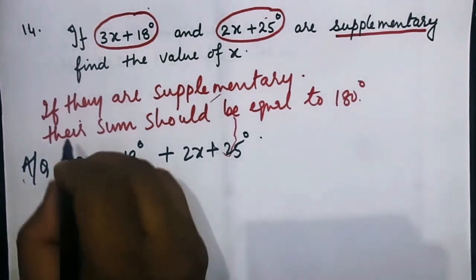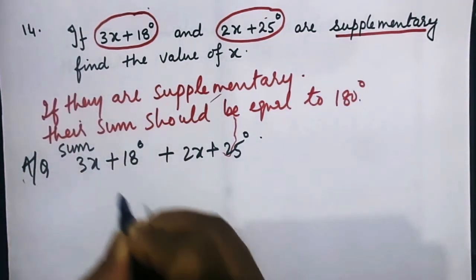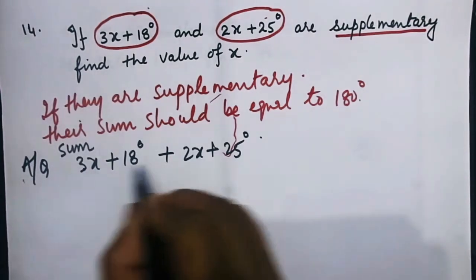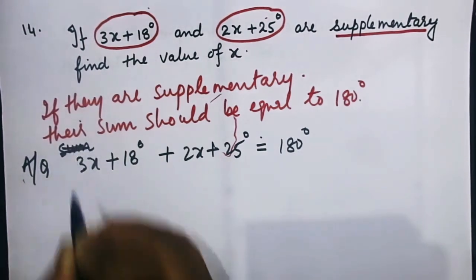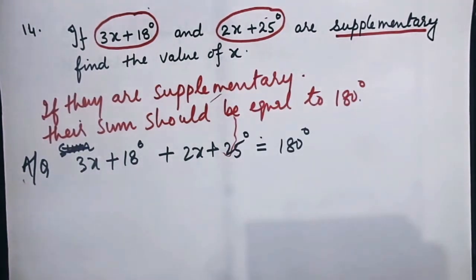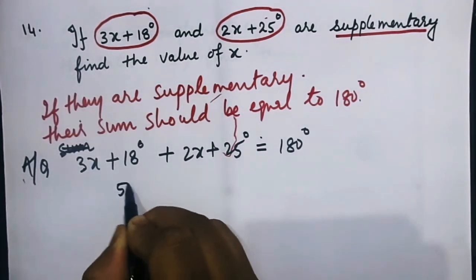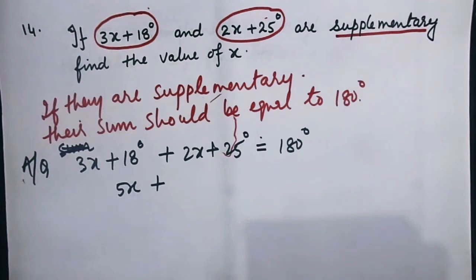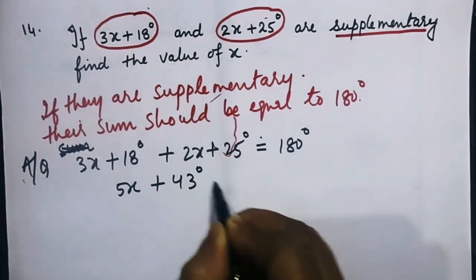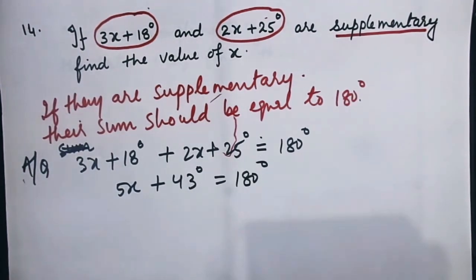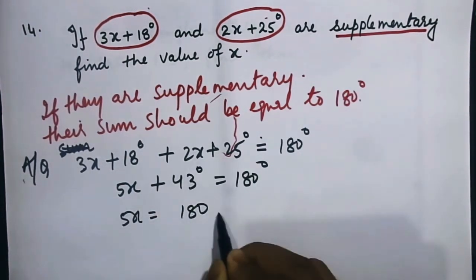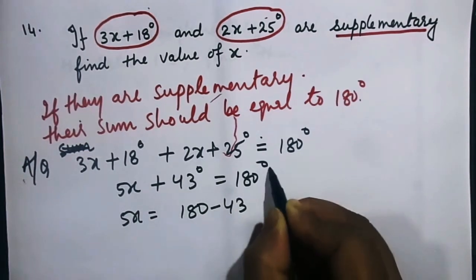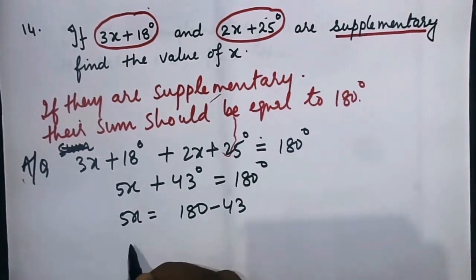Let us find the sum. So according to the question, the sum will be equal to 180 degree. Of course I have to mention it because I have to find the value of x, so we have to make an equation. 3x plus 2x is equal to 5x. 5x plus 43 degree is equal to 180. Now 5x is equal to 180 minus 43, because we are transposing it. We have already learned this in our previous session.